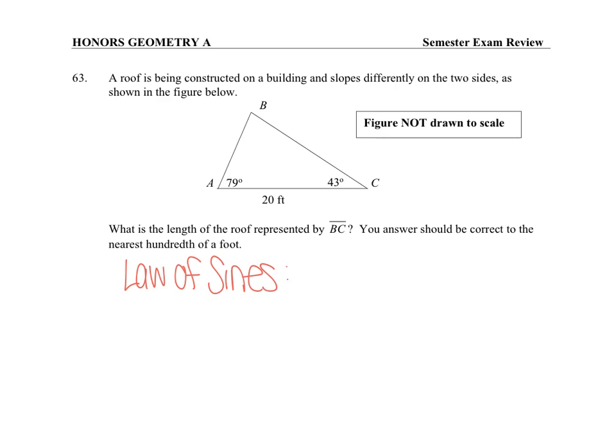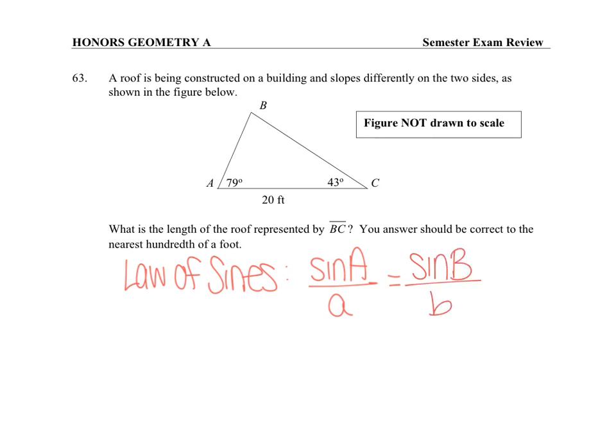And because I want to find the side opposite angle A, I'm definitely going to use sine of A over length of a. And that's going to be equal to sine of B over b and sine of C over c. However, I need to use the side that I already know, which means I need to use b. So I'm going to use sine of B over length of b.